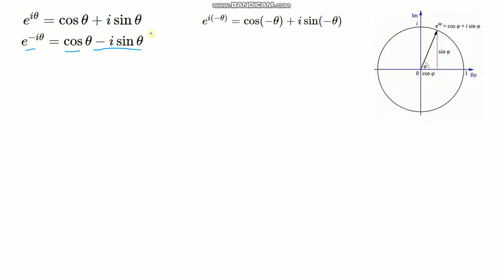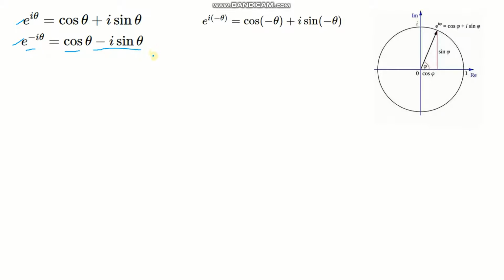The beauty of having these two equations is that we can just subtract and add them to define cosine and sine theta in terms of e to the i theta and e to the negative i theta.